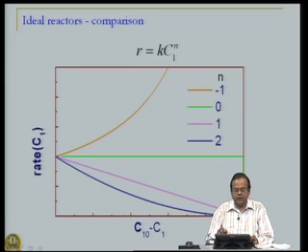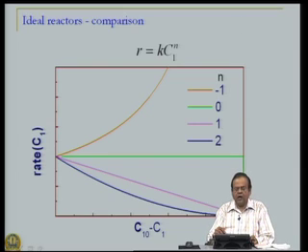On the x axis, instead of plotting this rate as a function of C1, I have plotted it as a function of C10 minus C1, and the reason for this will become apparent when we go to the next slide. But for the time being, let us take it that this is as a function of C1, and what we see, different colored lines, are for different values of n, starting with n equal to minus 1 to n equal to 0, 1, 2 and so on.